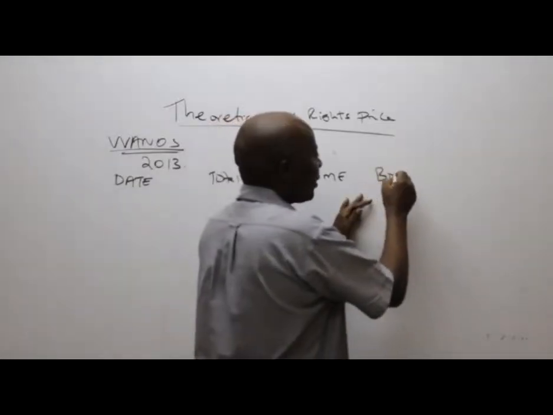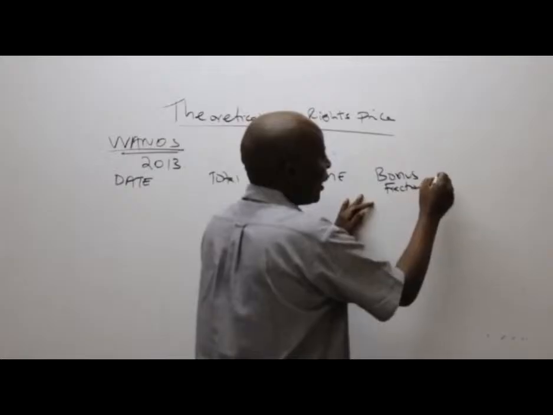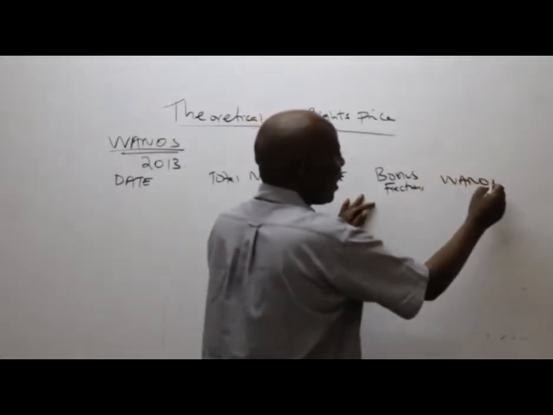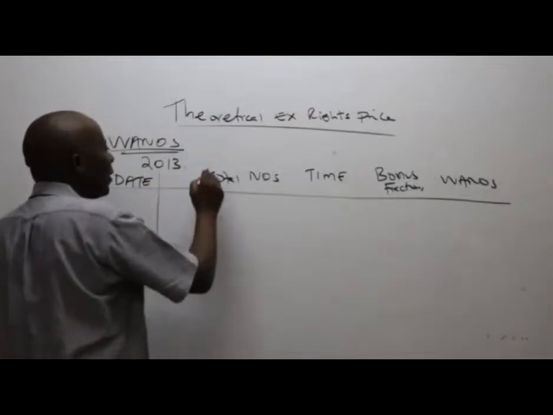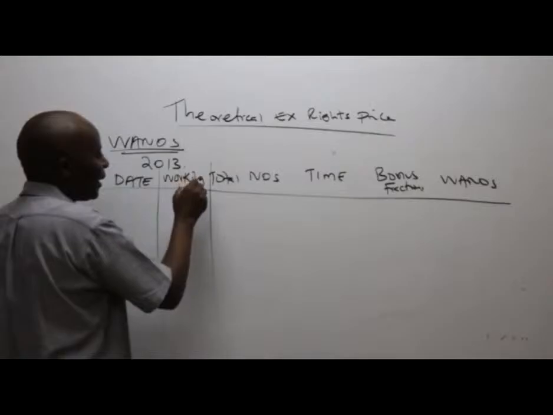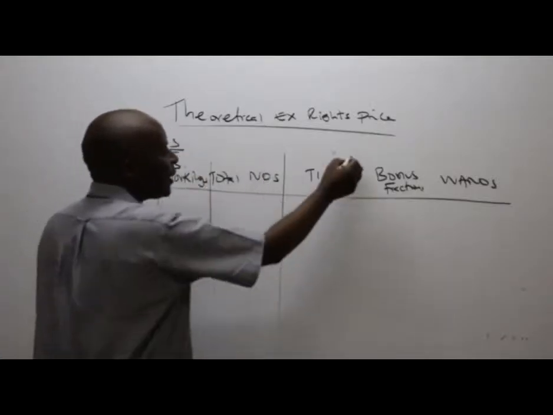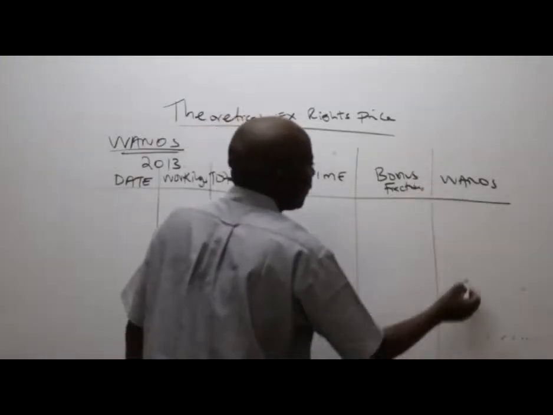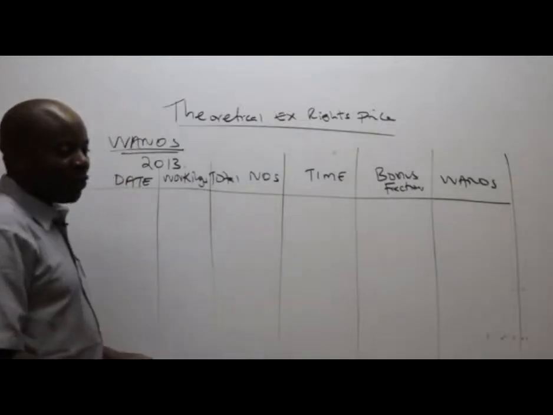We have the bonus or the rights fraction, isn't it? And then lastly, we have the one-os like that. Remember, you must isolate. If you want, you can also put workings in the middle there. I have seen some people put workings in the middle, which is still okay. So we have the total number of ordinary shares, we have time, we have bonus fraction, and then we have one-os like that.